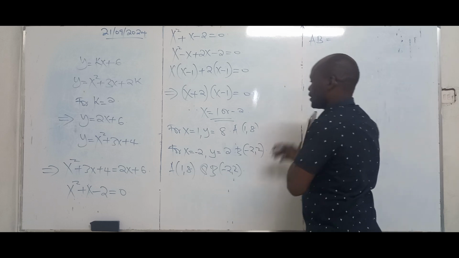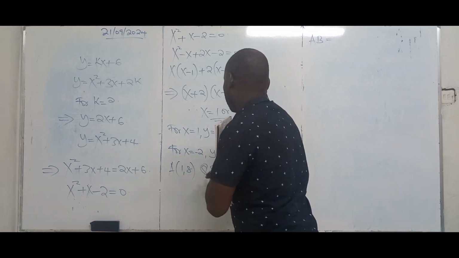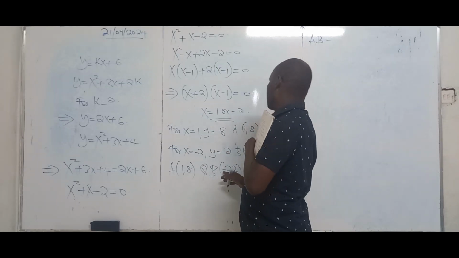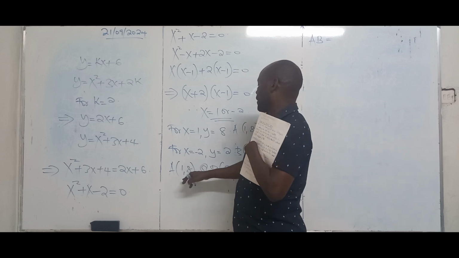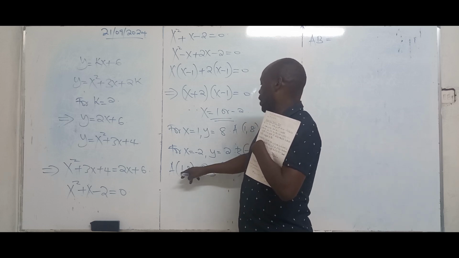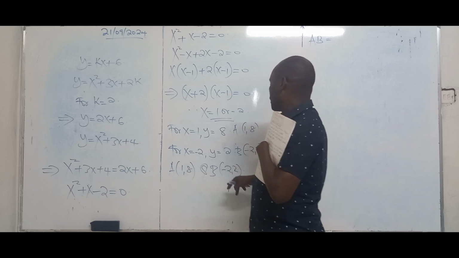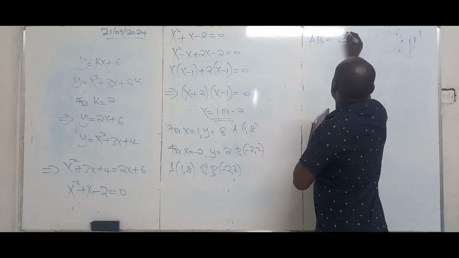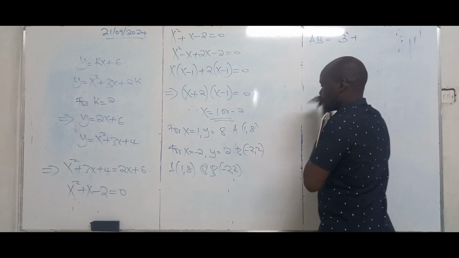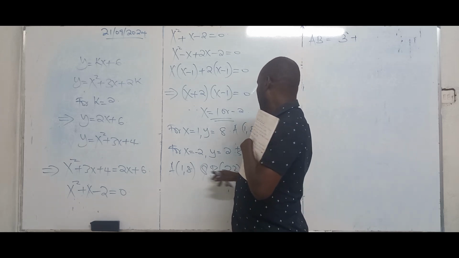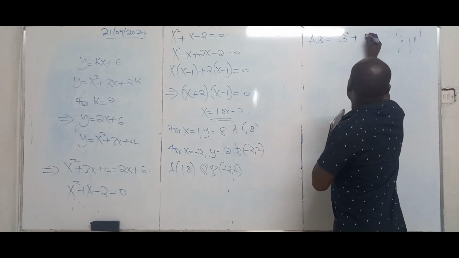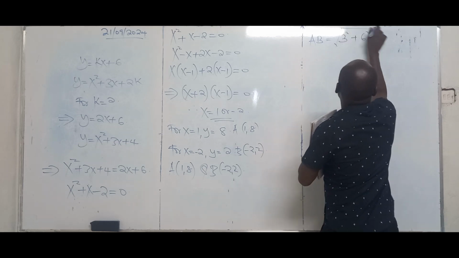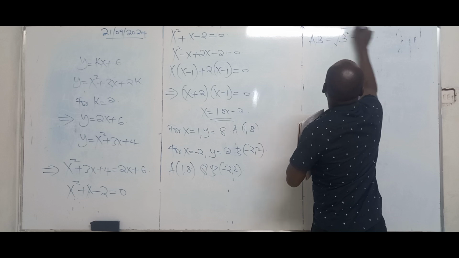It will be the difference 1 minus minus 2, that is the x coordinate, 1 minus minus 2, which is 1 plus 2. So that becomes 3 squared, plus 8 minus 2, which is 6, so 6 squared, and then we get the root of that. That will give us the distance.